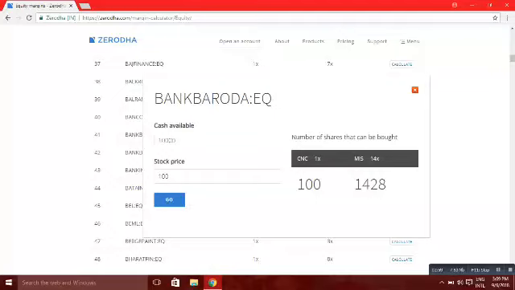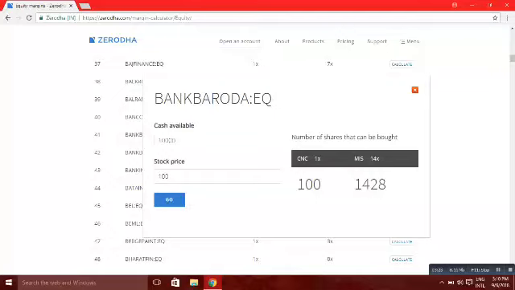So we can see here that the cash is 10,000, stock price is 100. In cash and carry, we can just buy 100 shares with the amount we have. But while doing MIS, we are going to have 1428 shares of Bank of Baroda. So that's the power of the margin calculator.